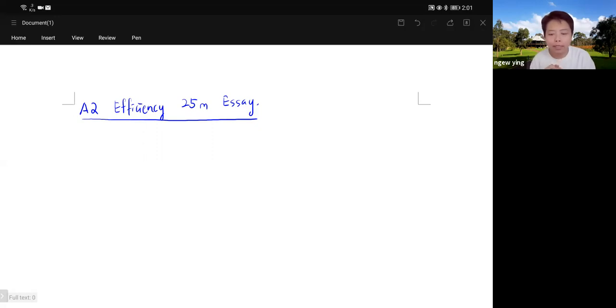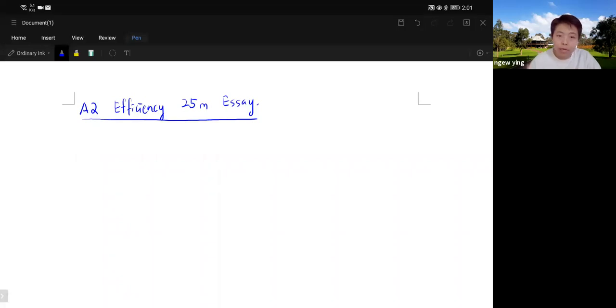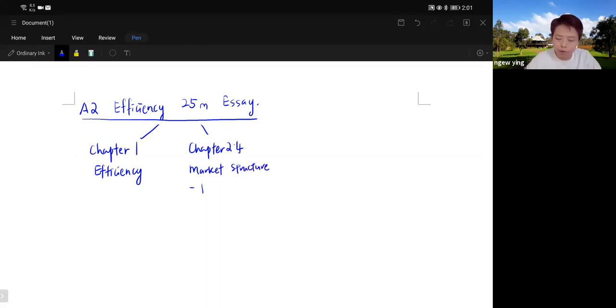If you look at the A2 syllabus, this efficiency essay is a combination of a few chapters. We will need knowledge from chapter 1, which is the efficiency chapter. We will need some knowledge of chapter 2.4, which is the market structure chapter; at least you need to know about perfect competition and monopoly.